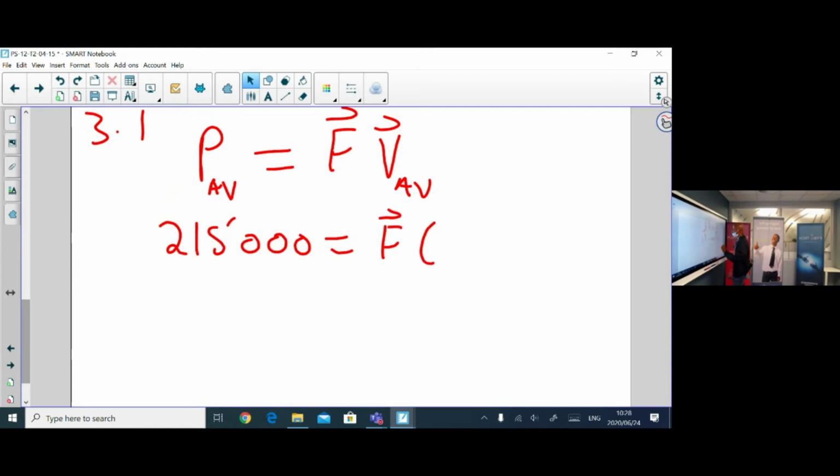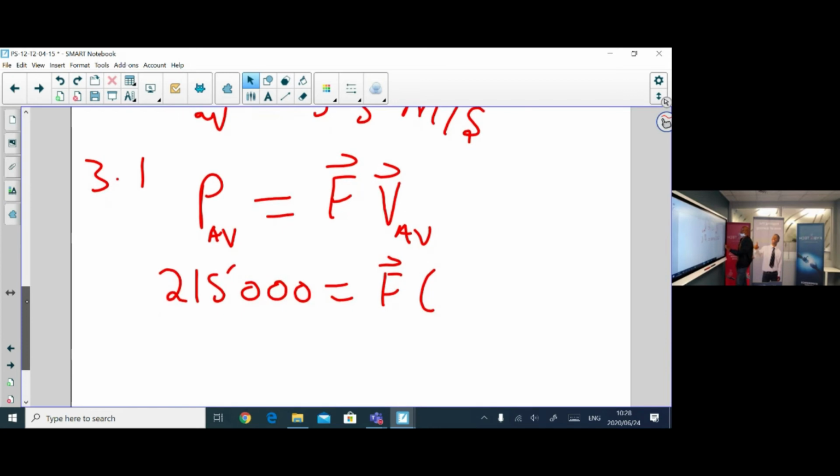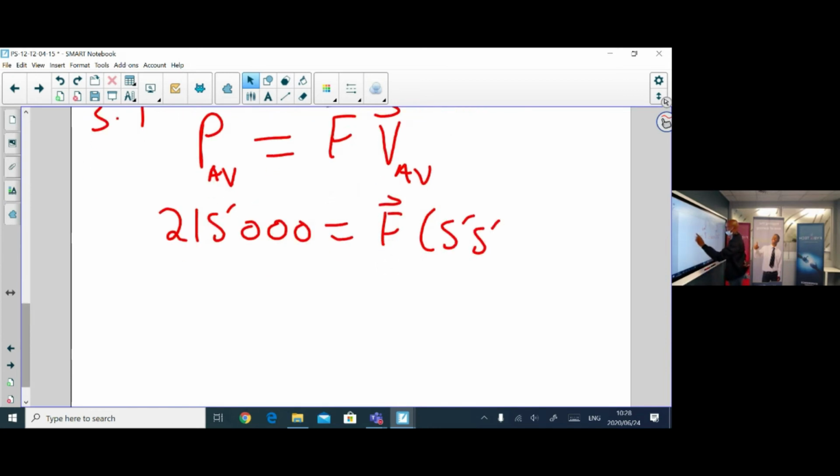And then what about the velocity? The average velocity is 55 meters per second. Or else, I don't want to do it like this. I can start by making the force the subject of the formula. That's allowed as well. You can just say F equals average power over the average velocity, so that you can calculate the force.